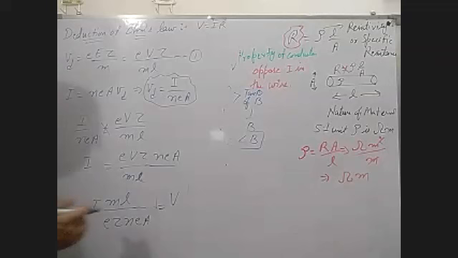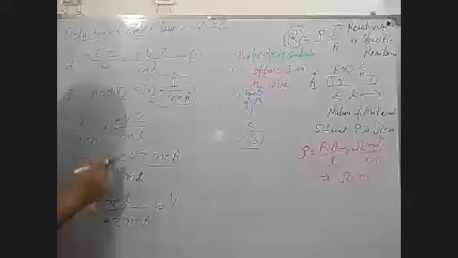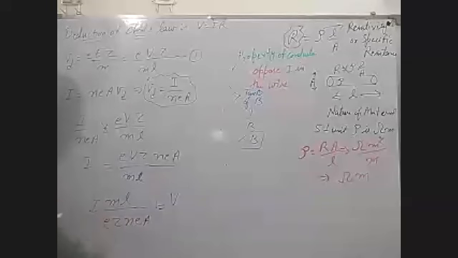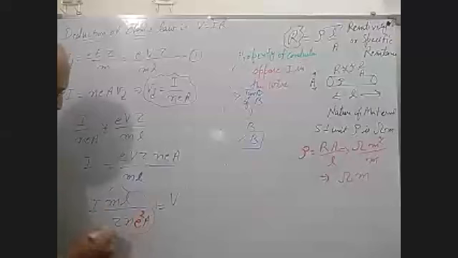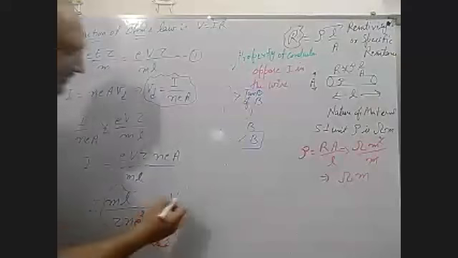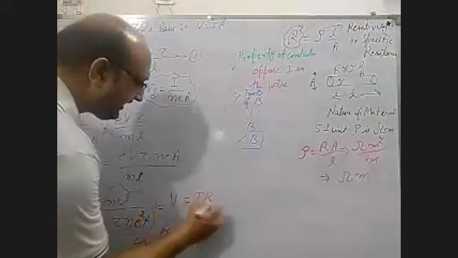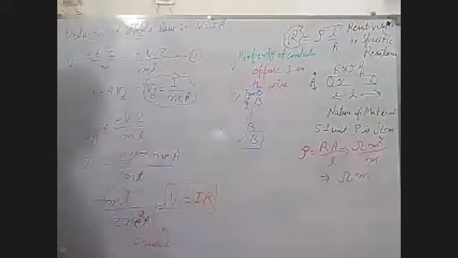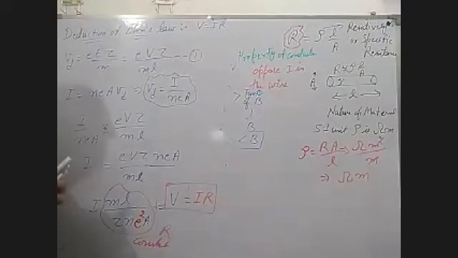V is voltage here, I is current, and all these terms by cross multiplication, you can see here. Now all these things are constant and called resistance R. So in this way, you can write here V is equal to IR. Okay, this is the deduction of Ohm's law.